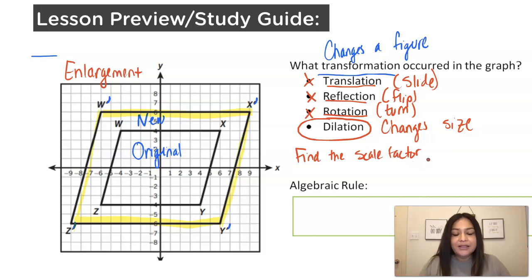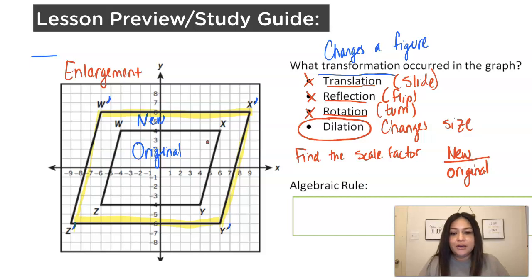Now, how do I find the scale factor? There was a multiplication that occurred to the original to get the new, and in order for me to figure out what that multiplication is, I need to work backwards. So I need to divide new side length divided by original side length, and that is going to give me this scale factor.